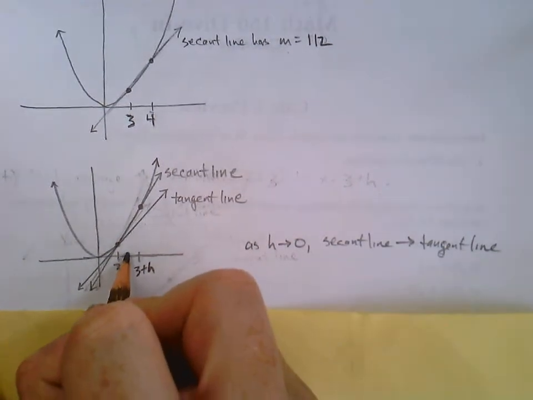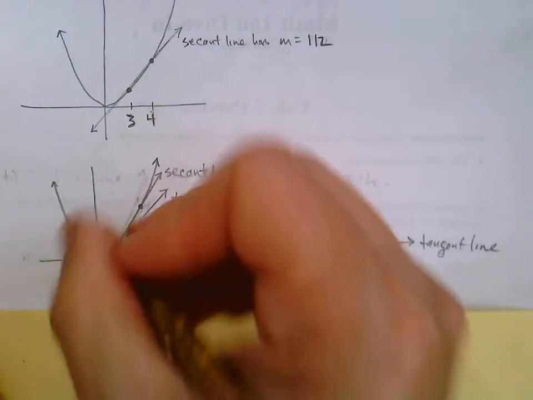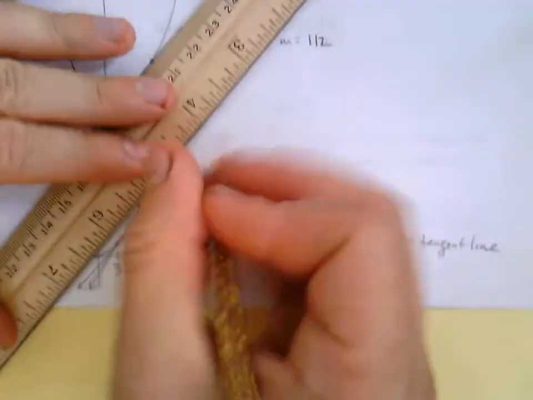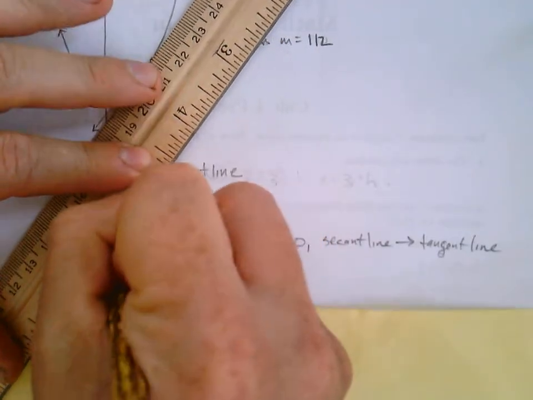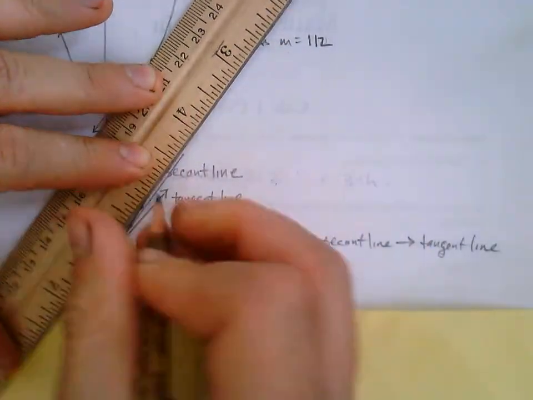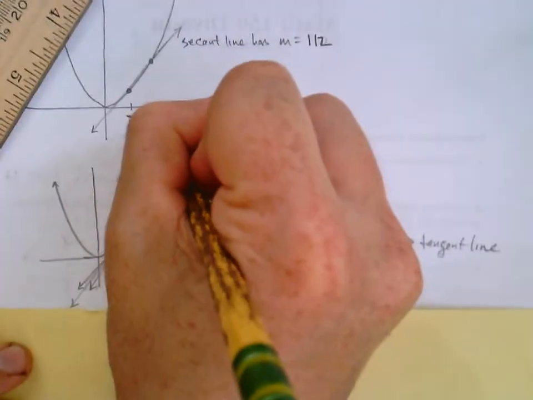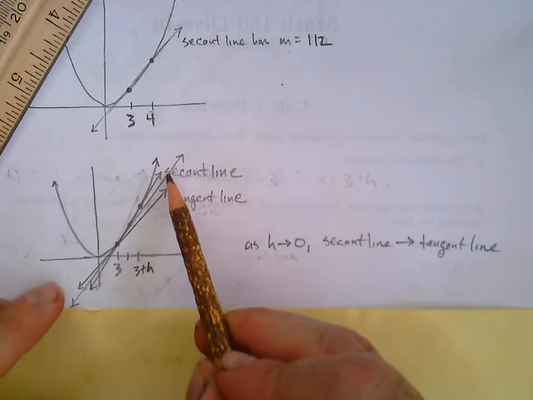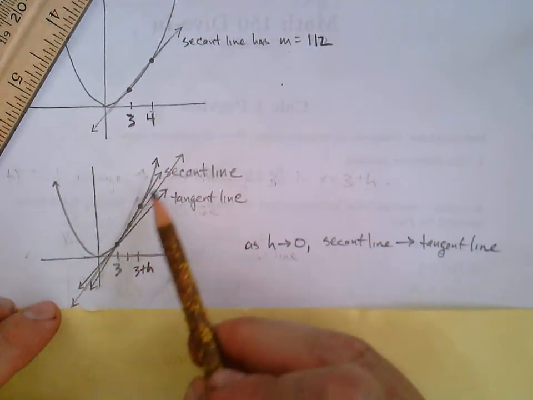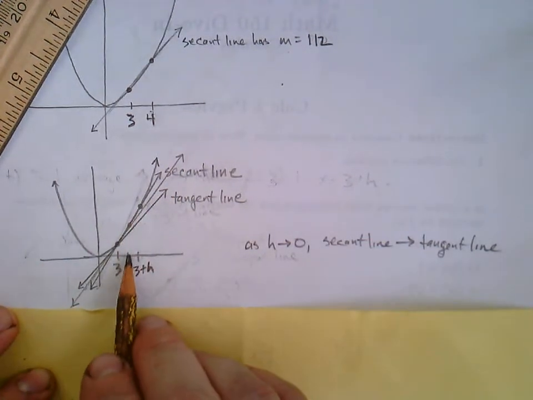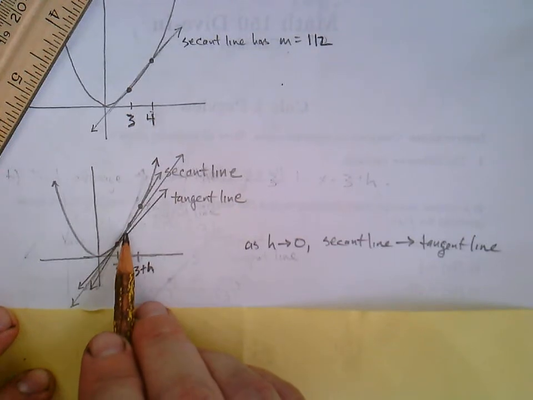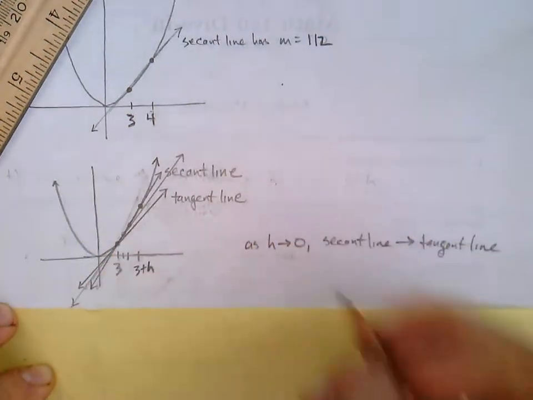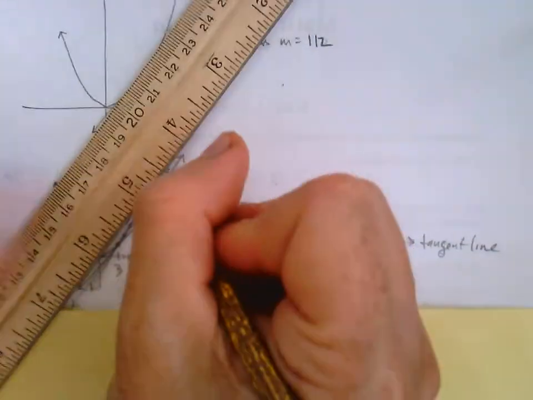If I was to shift this back and then draw another line directly above on the parabola and then draw that, I still have a secant line, but now the slope is a little bit less. And I could do it again, right? I could draw that back halfway again, and now connect these.